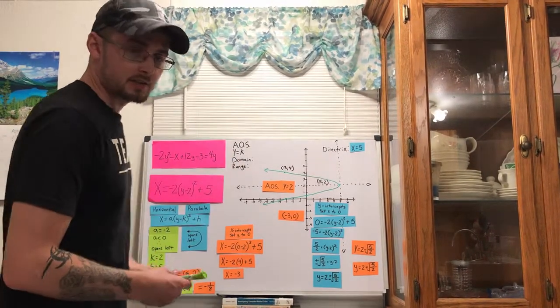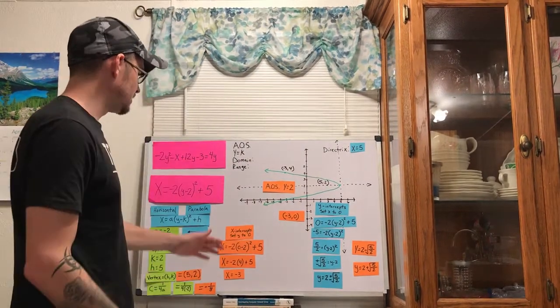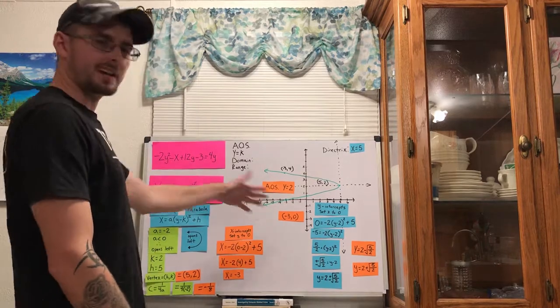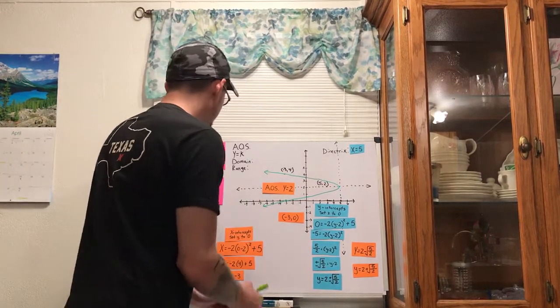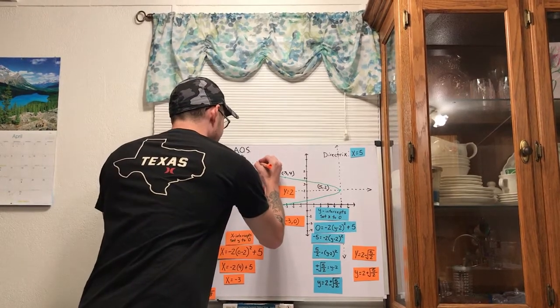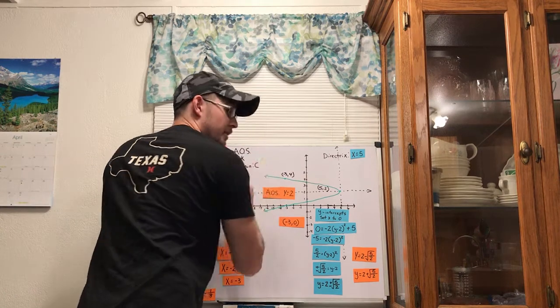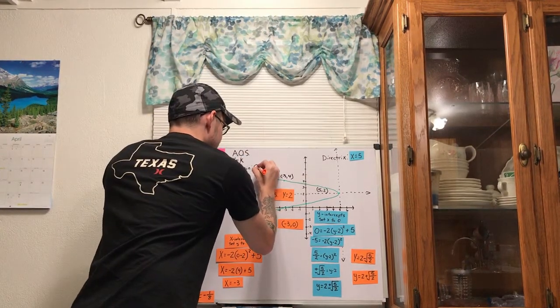Our domain. Let's think about our domain. Our domain is our x values, and so it looks like we go from -infinity all the way over there. Let's go ahead and write that right now. So our domain starts at -infinity, and we want to use a parenthesis for that because it's not technically a point that we're using. It just goes on and on.